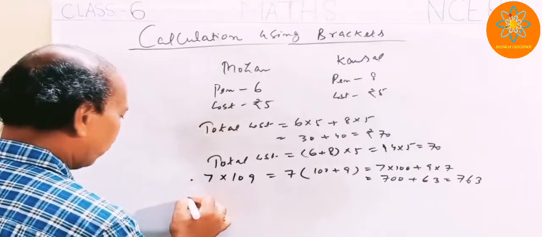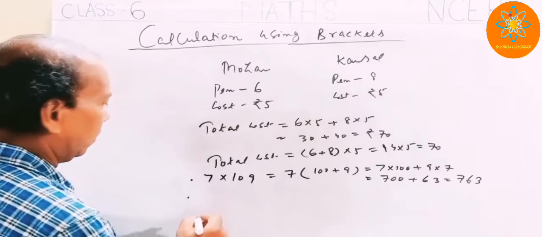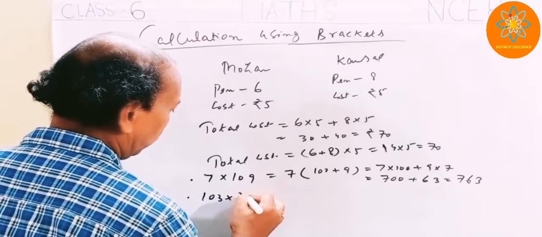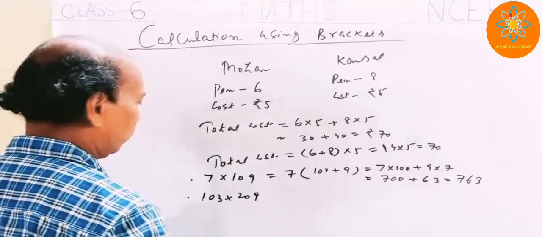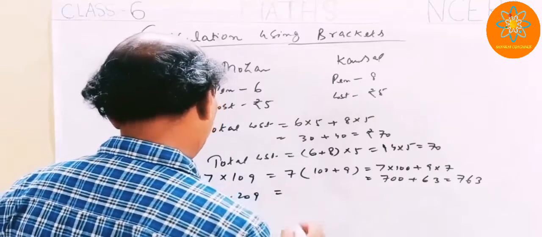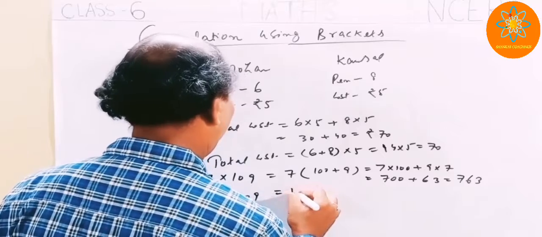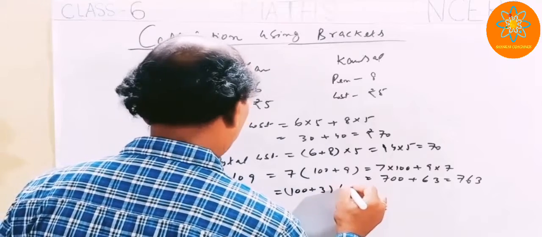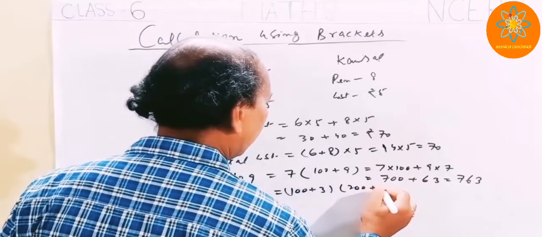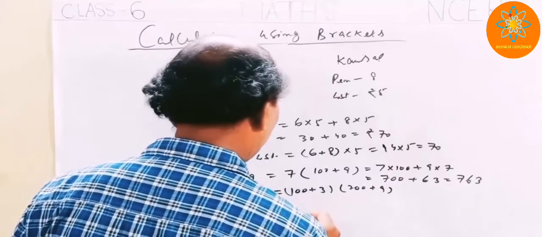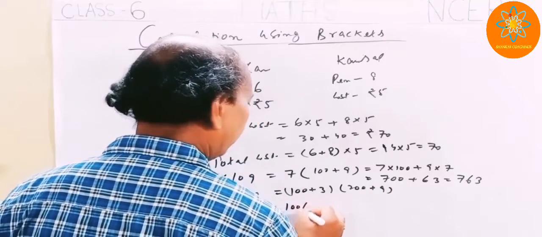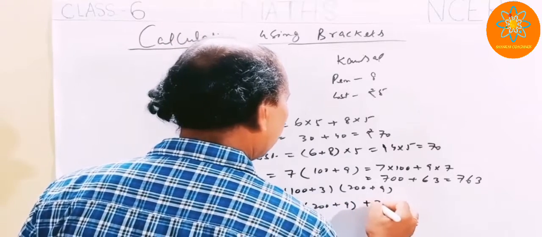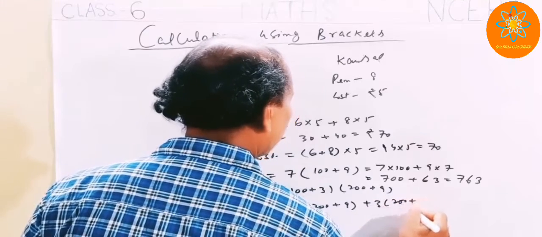Now suppose next I want to calculate 103 into 209. For this I can calculate in this way also. This is (100 plus 3) into (200 plus 9). I can solve it as 100 into (200 plus 9) plus 3 into (200 plus 9).